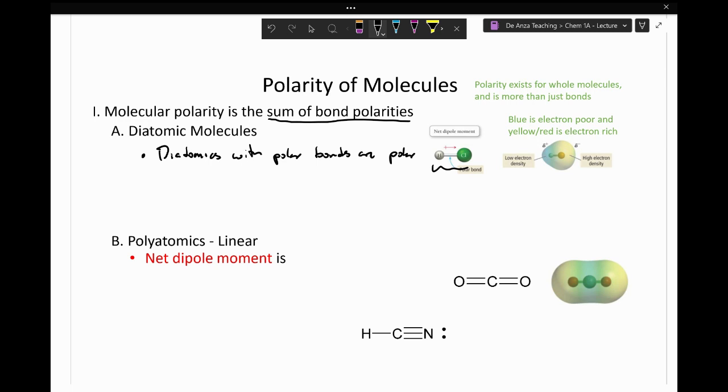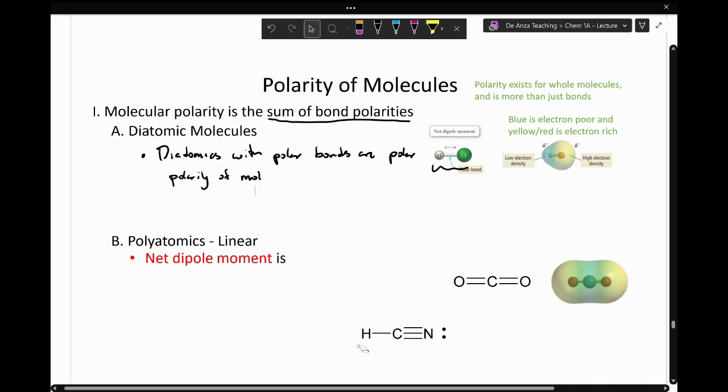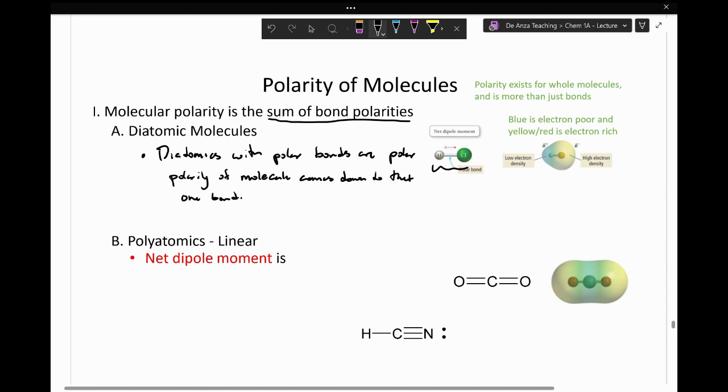That's because polarity of a molecule comes down to that one bond. So something like HCl is polar because it has that polar bond.